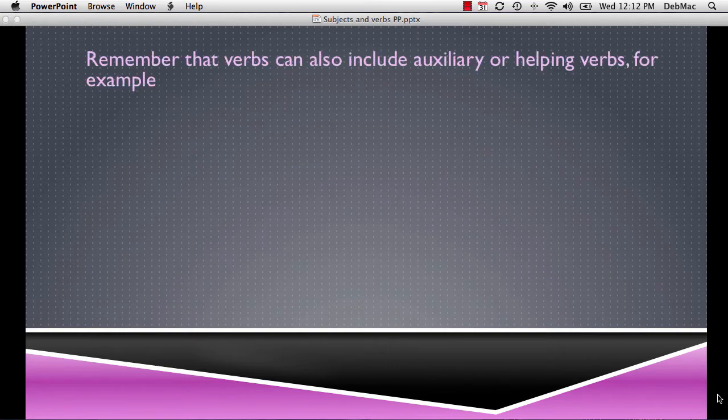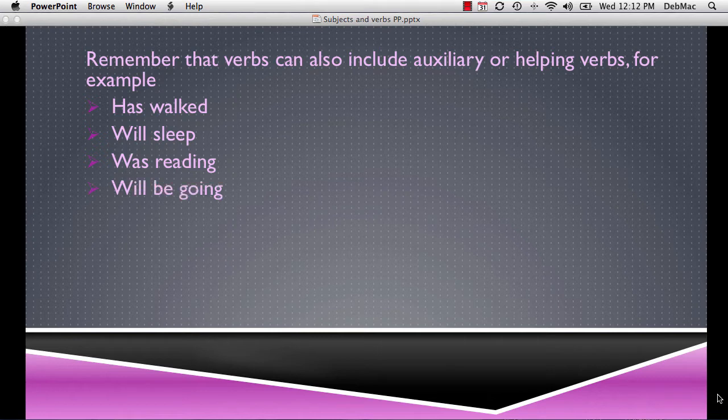Now, remember that verbs also can include auxiliary or helping verbs. For example, has walked. The helping verb is has. Will sleep. The helping verb is will. Was reading. The helping verb is was. Will be going. The helping verb is will be, 2 words.